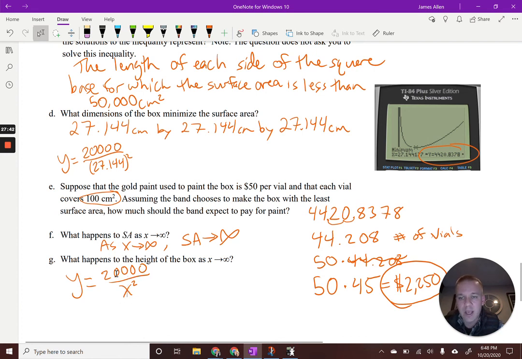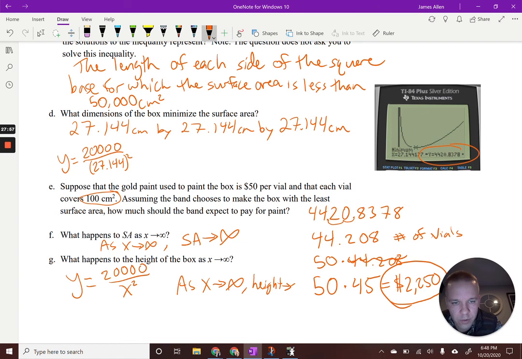It's a fixed number, 20,000, divided by an infinitely larger number. It's going to go to 0. So as x approaches infinity, the height approaches 0.